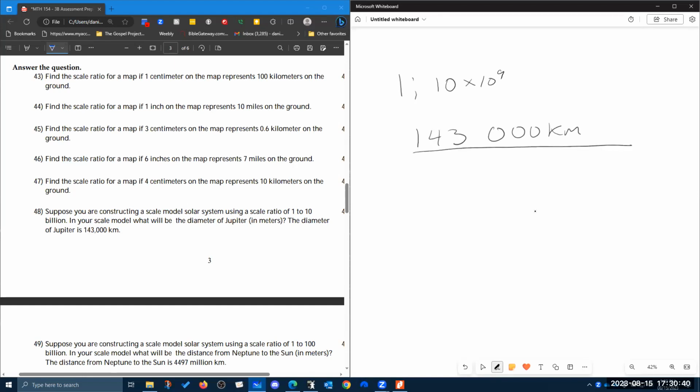I'm going to divide that by 10 billion. We'll keep the units the same here, and we'll say that this is going to be 1.43 times 10 to the, there's already a 10 to the third hidden there in meters. And then 1, 2, 3 is 6. And 1, 2 is 8.